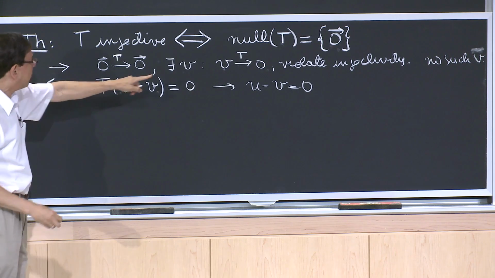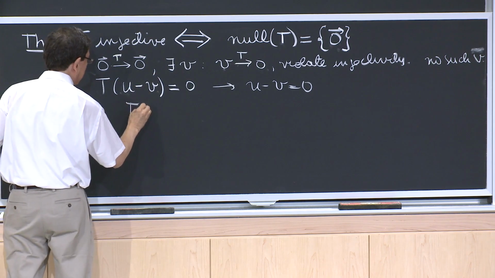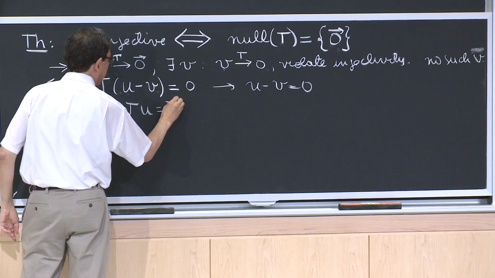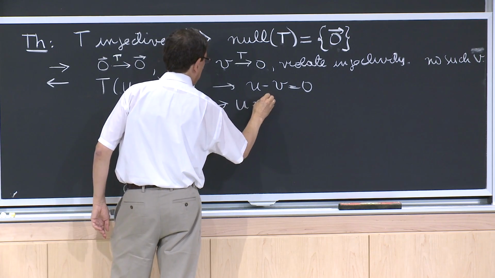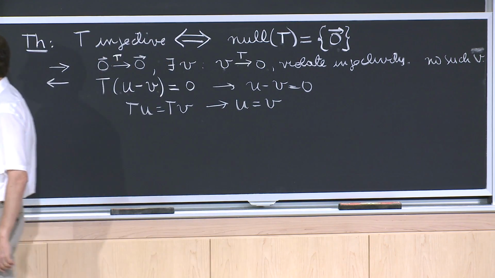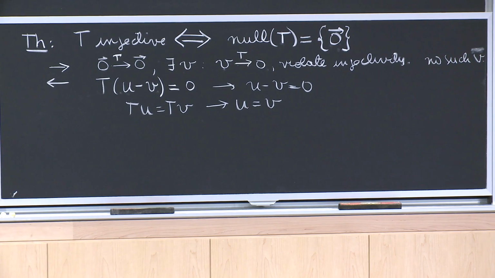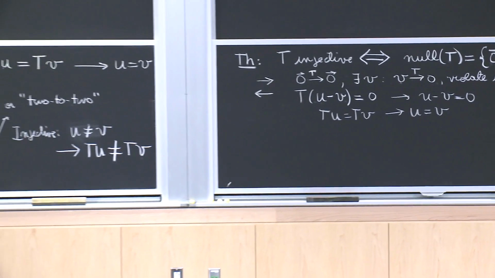And therefore, this equality actually means that Tu equals Tv implies U equals V. And that's what we called injective.